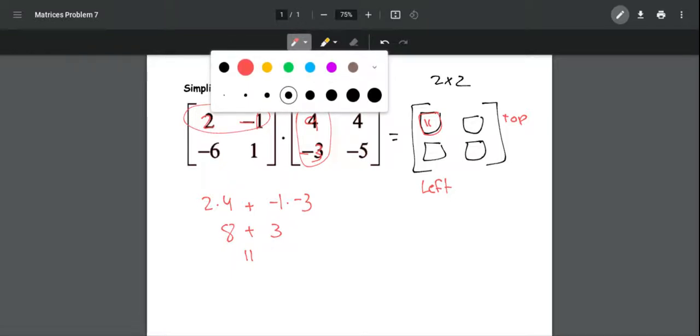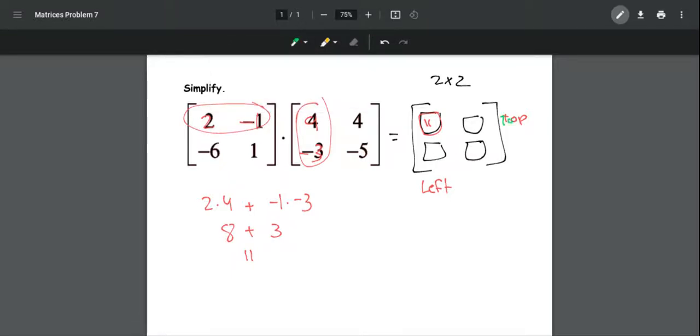And now we're going to look at the top row, right column. We're going to take the top row of the first matrix and the right column of the second matrix, which is we're going to multiply 2 by 4, then add -1 times -5.